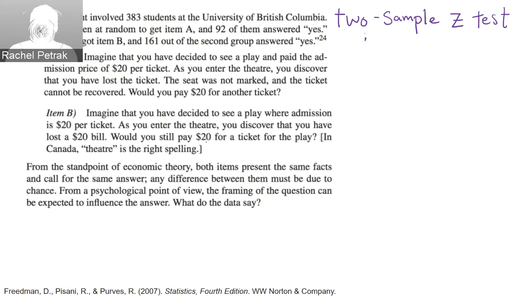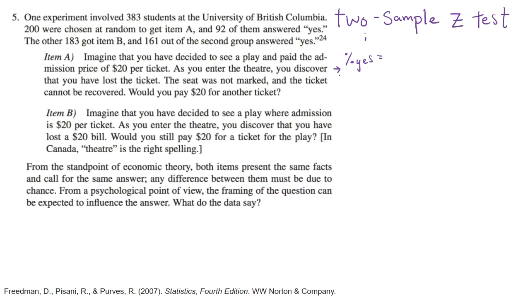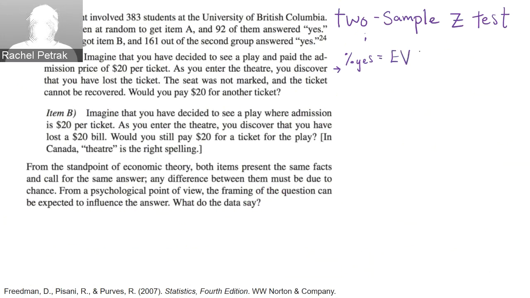So with item A, the percentage who answer yes, I'll put the data over here, is 46%. This is our observed value for this group.